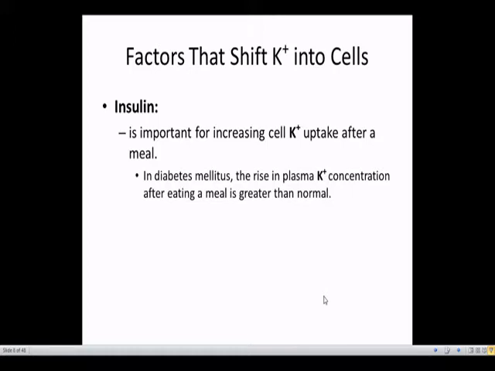Insulin. Insulin is important for increasing cell potassium uptake. After a meal. In diabetes mellitus, the rise in plasma potassium concentration after eating a meal is greater than normal.